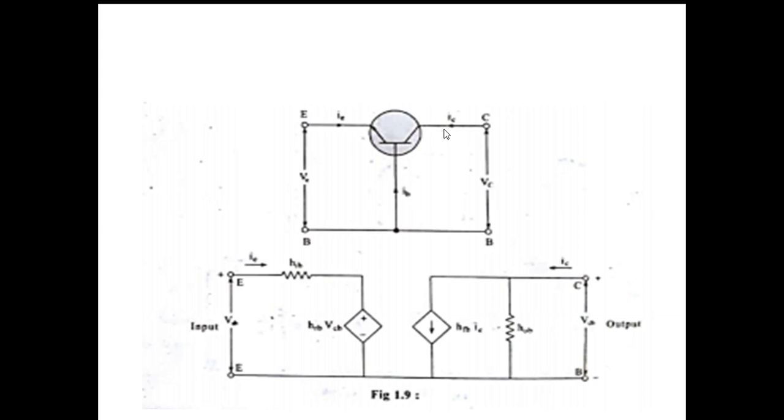This may be an amplified version because the transistor is an amplifier. Therefore, IC flows through the output terminal. Now this becomes the output current. The measured output voltage is VC. So these two are the output parameters, and these two are the input parameters.